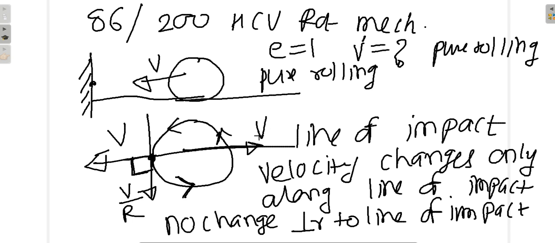You can see this situation is exactly same as in problem number 85. So let me redraw the situation, what happens after impact.